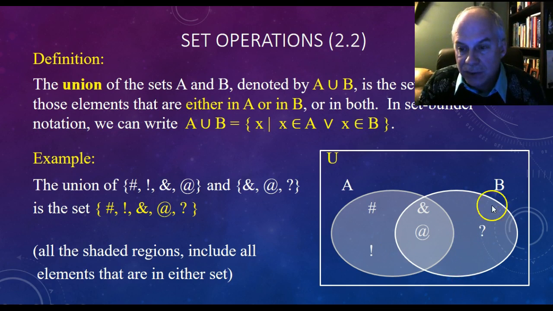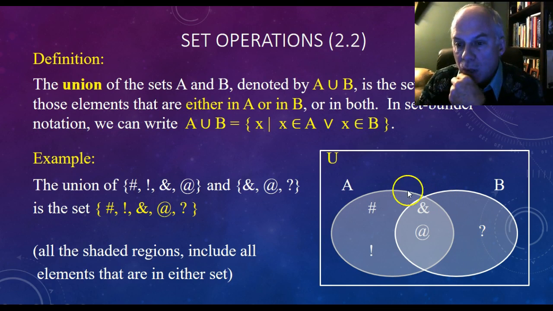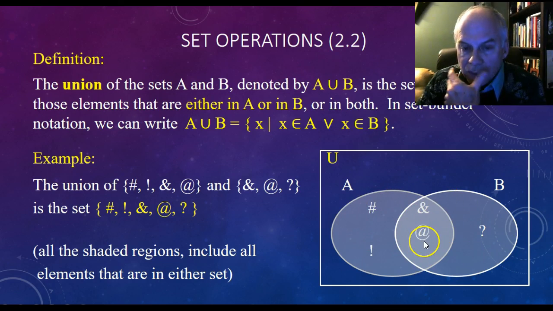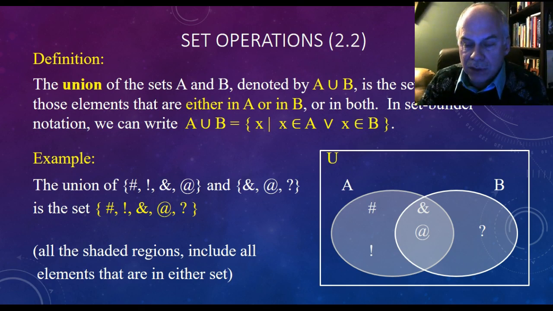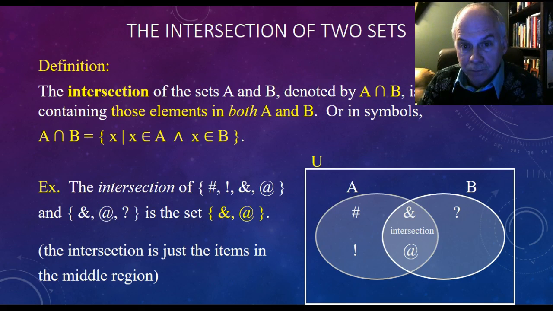And of course, you see that if I combine them into the region where it's all combined into one set, A and B, it's all the parts that are shaded, either the light shading or the darker shading, either one. That's the union. So the union is combining it into one larger set that includes every item.